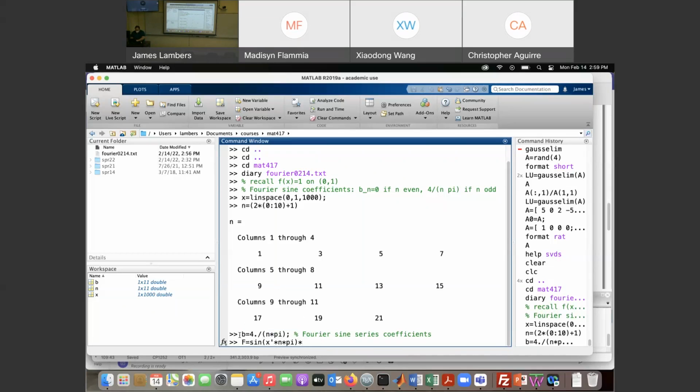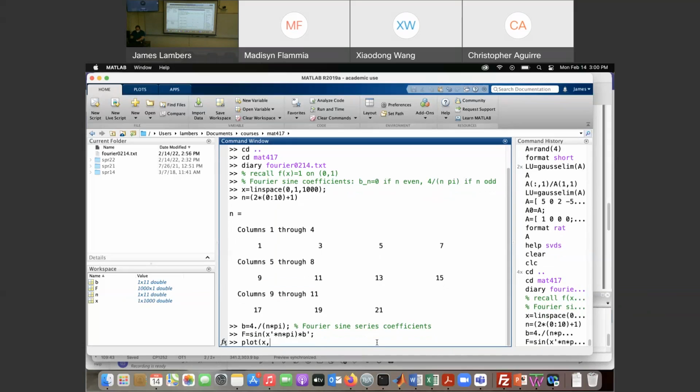This matrix times this vector, which I transpose to make it a column vector. So the result of all this should be, if I'm doing it right, I did not plan to do this today, a column vector that is the approximation of the function 1 on the interval 0, 1 using a Fourier sine series.